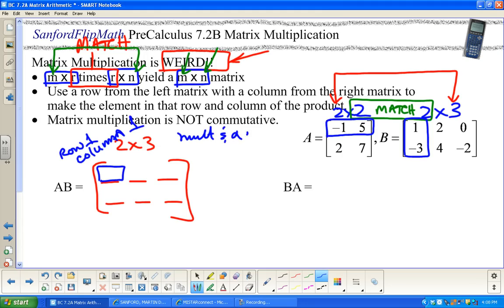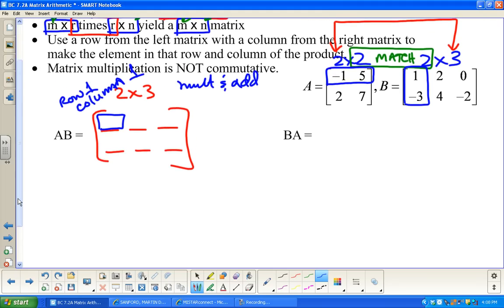Now I'm going to write down what I'm doing as I'm going along, and I won't always do that, but I am this time, for probably most of this, because you need to be able to follow it. Okay, so here's how it goes. I'm going to do -1 times 1 plus 5 times -3.